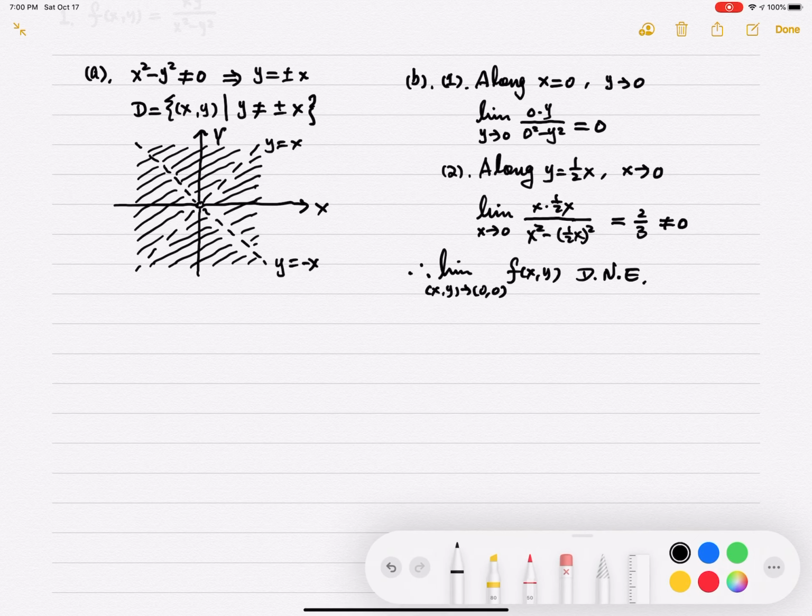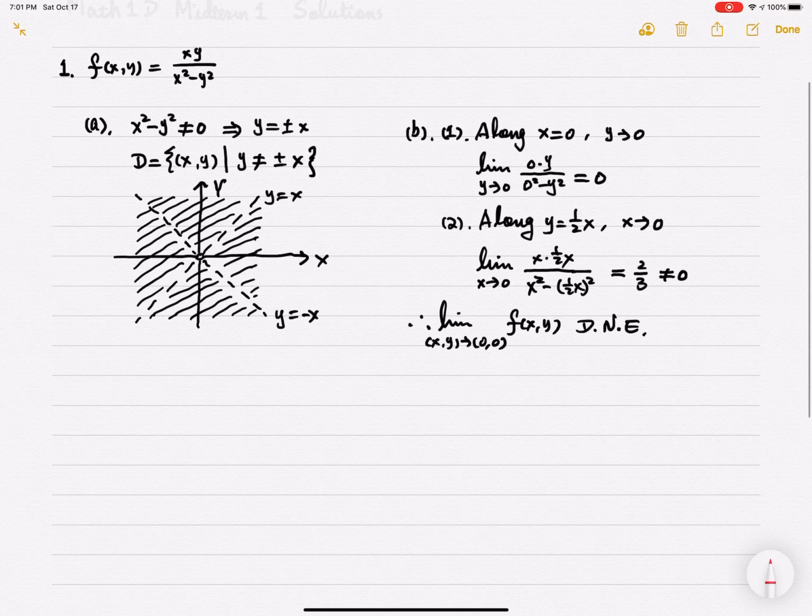Well, let me see. I'm going to put the grading here. Because this is 20 points, I'm going to say this part is 3 points, and this is 5 points, and then this is 4 points, this is 4 points, and the conclusion is 4 points.